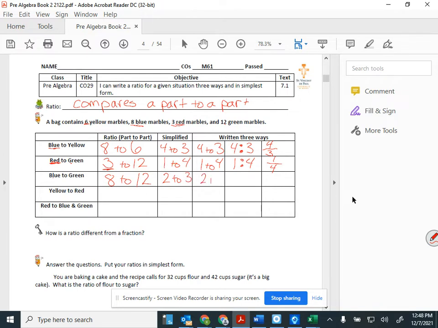And then write it 3 ways. Yellow is 6 to red is 3. We can divide that 3 out, so it's 2 to 1. Write it 3 ways.